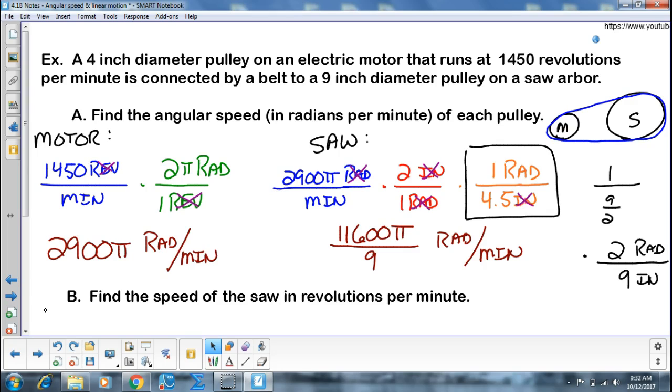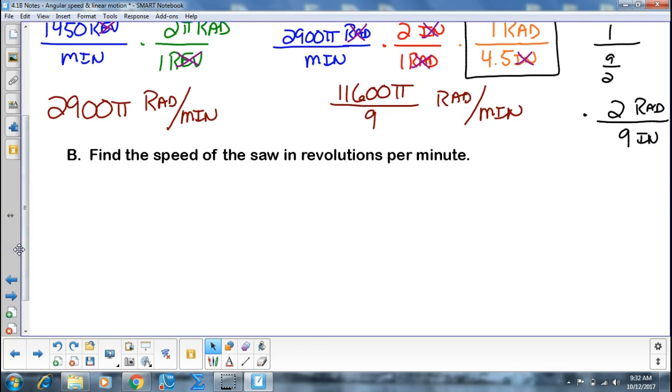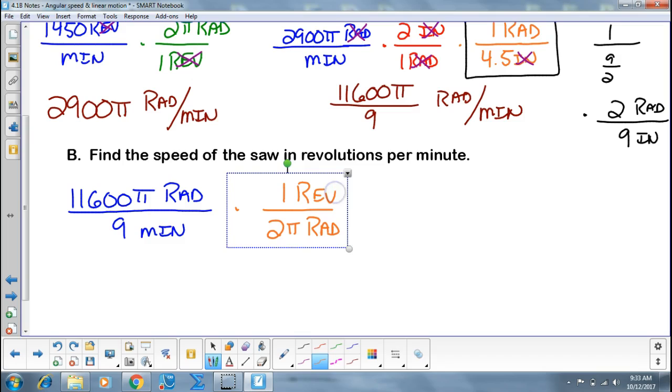Part B then says, find the speed of the saw in revolutions per minute. Well, the saw is spinning at 11,600 pi radians per minute, or excuse me, per 9 minutes. And that then needs to be multiplied by the fact that there are 2 pi radians in 1 revolution.